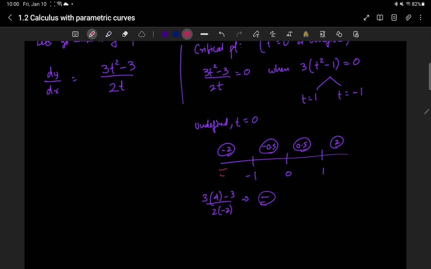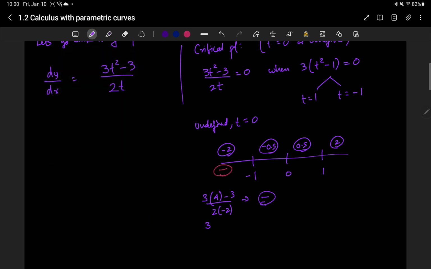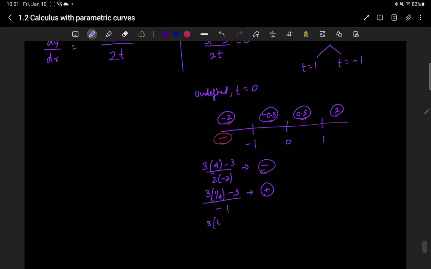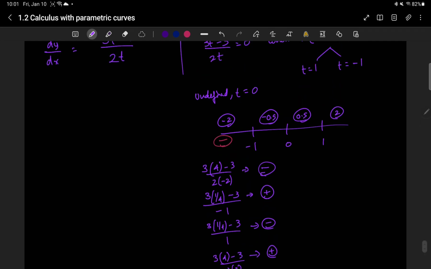So it is negative over here. 3 times 1/4 minus 3 divided by negative 1 is going to be a positive number. Similarly, 3 times 1/4 minus 3 divided by positive 1 is going to be a negative number. And 3 times 4 minus 3 divided by 2 times 2 is going to be a positive number. So we have negative, positive, negative, positive.